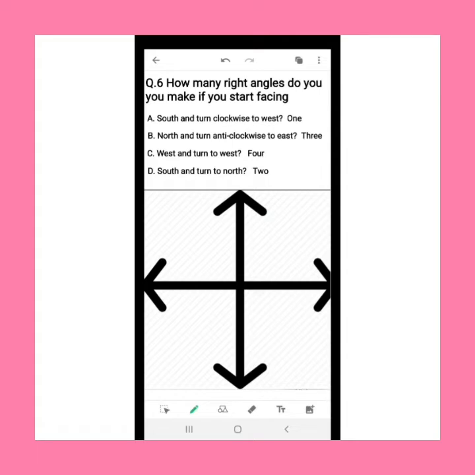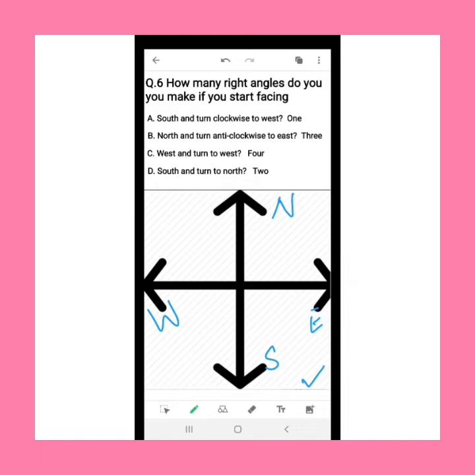The explanation part which I will show you here, you are not supposed to write or make this diagram in your notebook. Okay. Now, how many right angles do you make if you start facing? First, let us write the directions: north, south, east and west. Now, how many right angles?